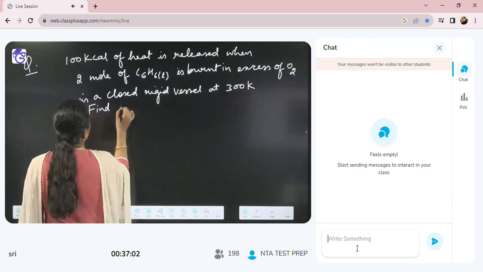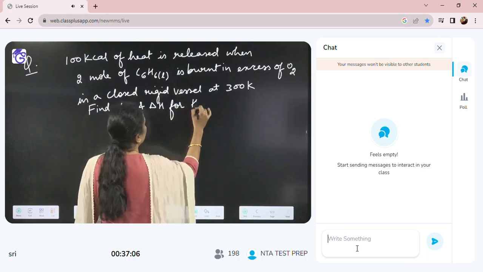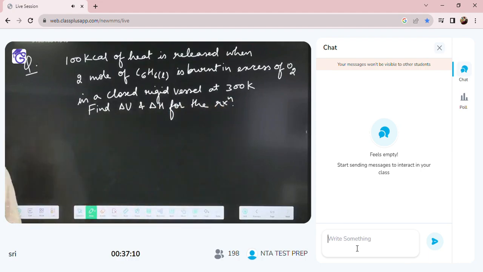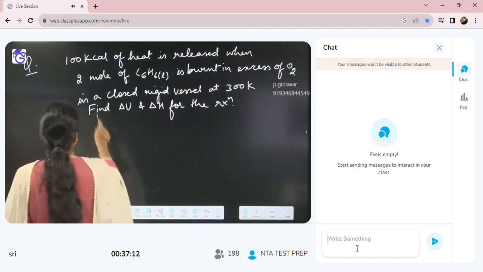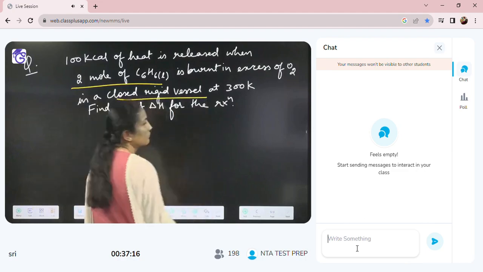Find delta U and delta H for the reaction. Pay attention here properly, whatever I have written. Closed rigid vessel also.